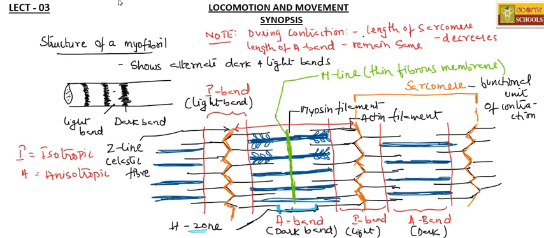It does not decrease or increase, whereas the length of the sarcomere decreases, and even the length of the H zone also decreases. So these points are important. The length of H zone decreases, the length of sarcomere decreases, whereas the length of the A band remains the same.